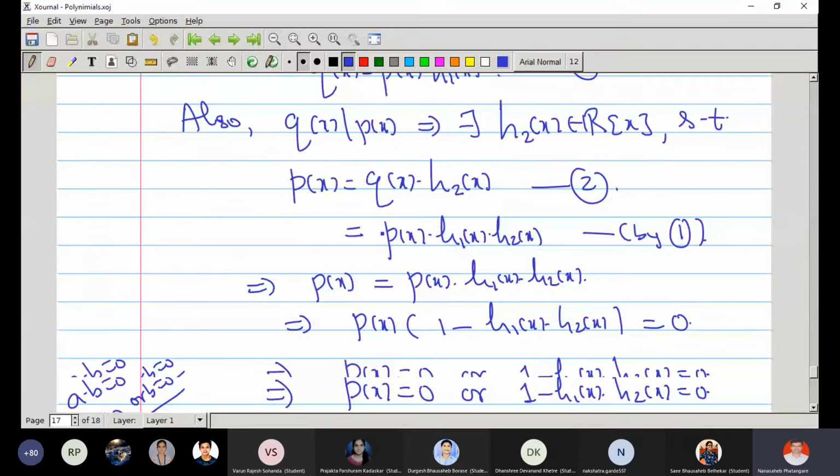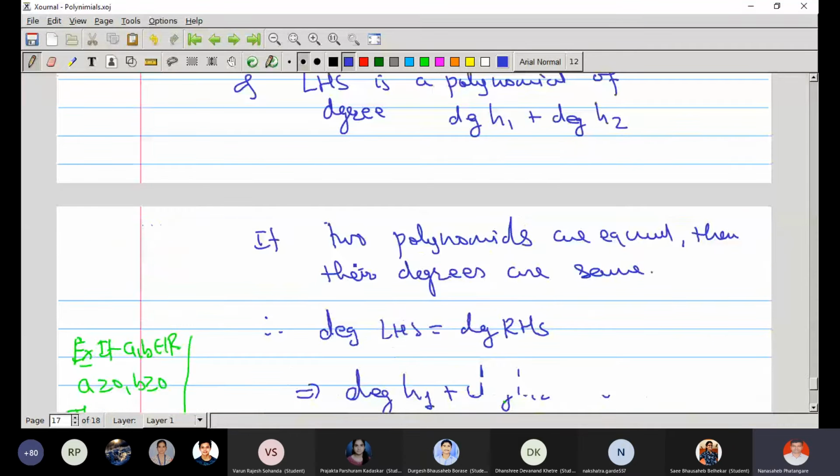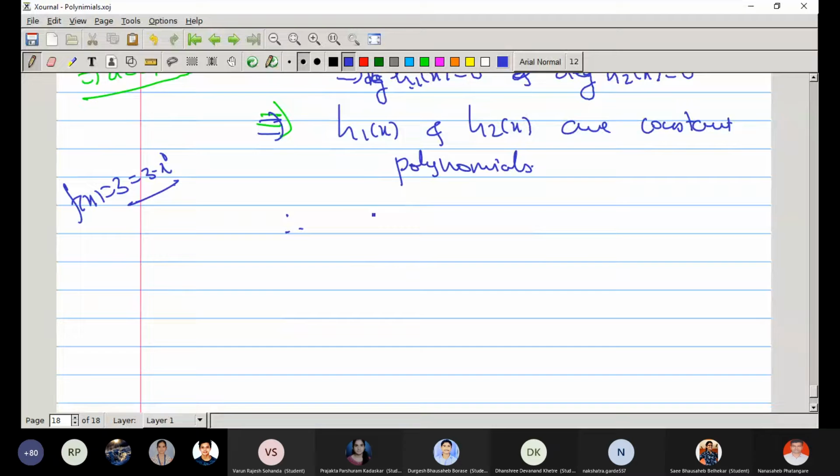So h1 and h2 are constants, and therefore h1(x) is some constant, say c1, and h2(x) is also some constant c2, right?